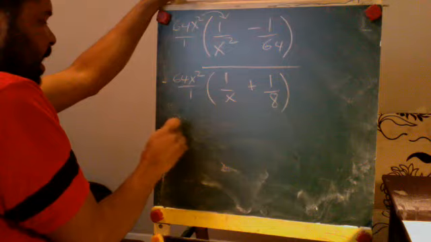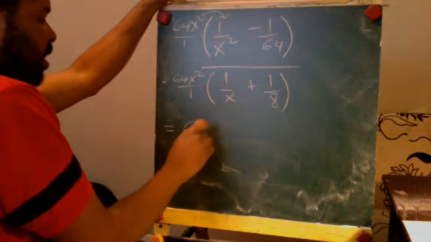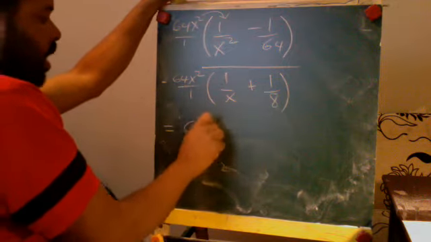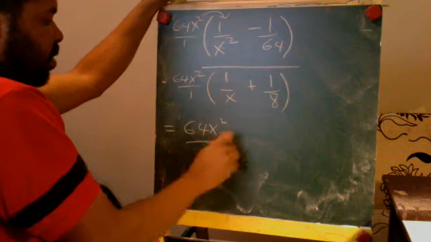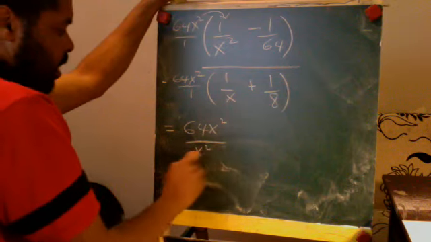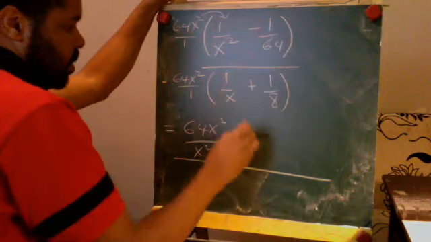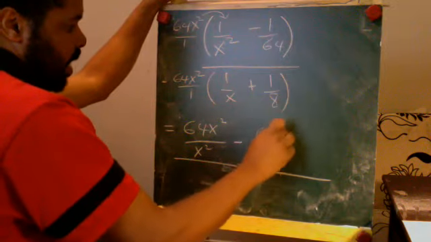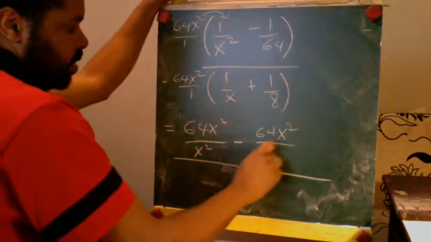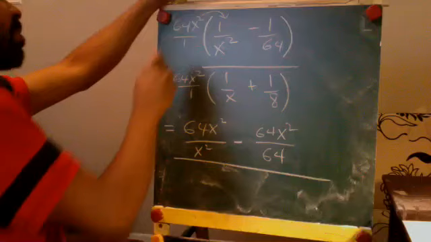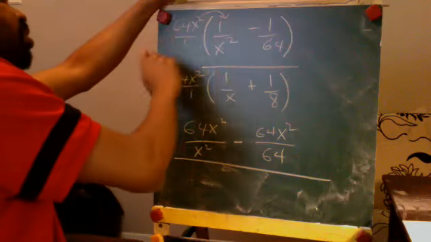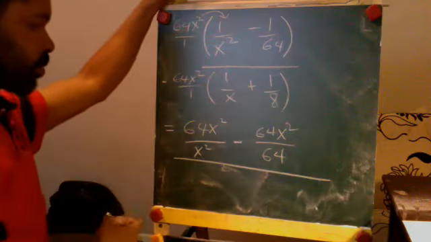So what I get here, and we'll do this a little longer, next problem is going to be shorter. What I get here is 64x squared over x squared in the numerator minus 64x squared over 64. When you multiply fractions, you multiply numerator by numerator, denominator by denominator.